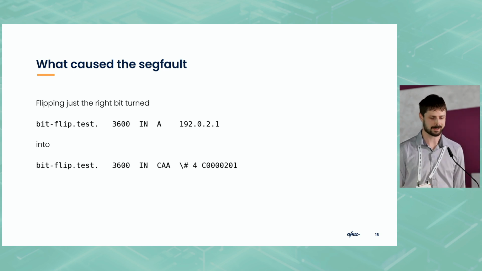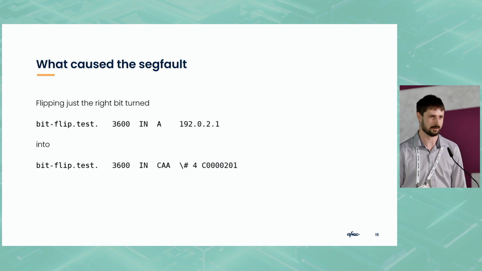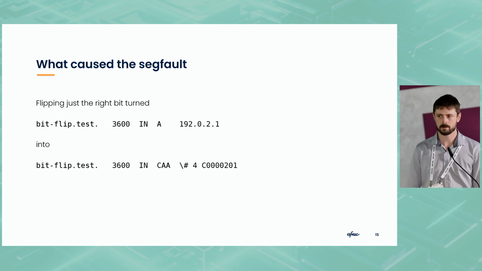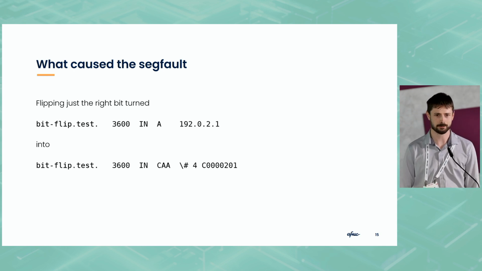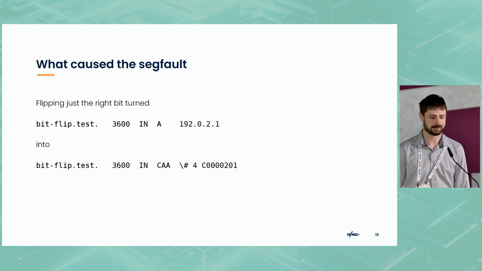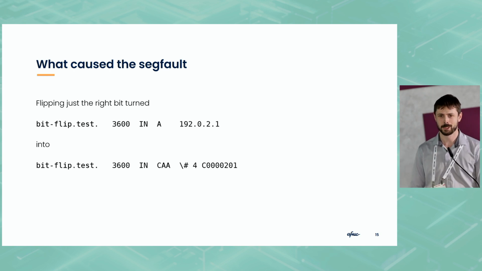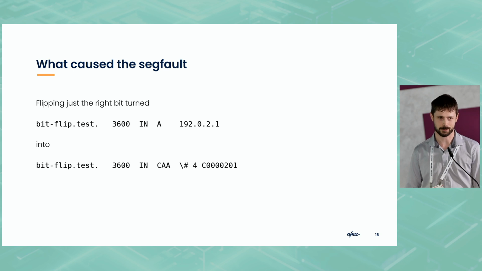What happens instead is Zonemaster uses LDNS for DNS packet handling and decoding, and especially converting back to text. And what happened was that we use the C function to turn wire format data into legible text without checking whether the function returned a non-null pointer to a string before using it.